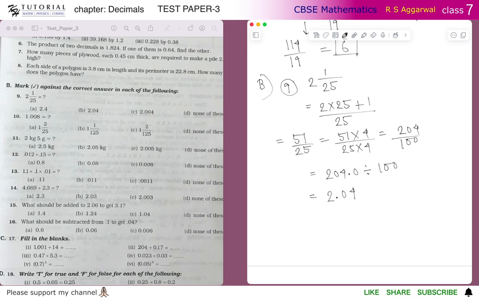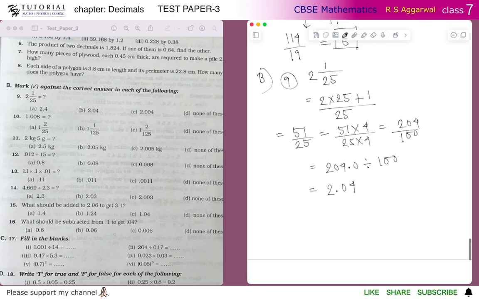So obviously the answer is choice B, but there is another way of solving it. See, 2 upon 1 by 25 is nothing but 2 plus 1 by 25. So 1 by 25 you can convert it to a decimal number easily by multiplying both the numerator and the denominator with 4, and you get 2 plus 4 by 100.